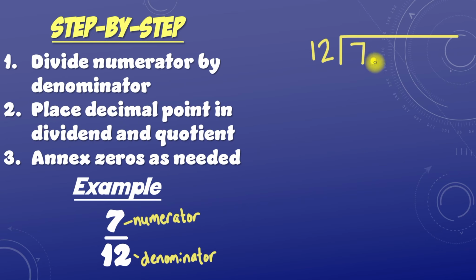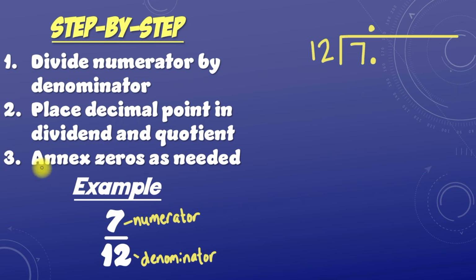Now this part's very important, so make sure you're paying very close attention. When you place your decimal point in the quotient, you need to place it directly above the decimal point down here in the dividend. So I'll place it right here. Don't place it to the far left, don't place it to the far right. It needs to be directly above the decimal point in the dividend. So now we're through with step 2 and we're on to step 3.